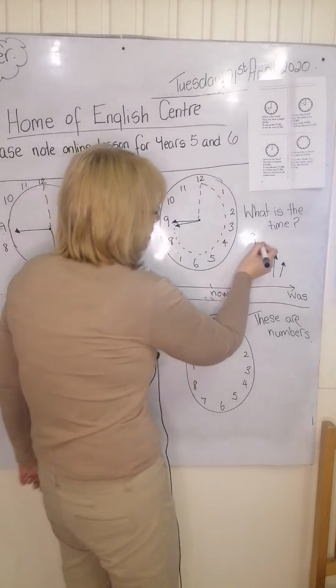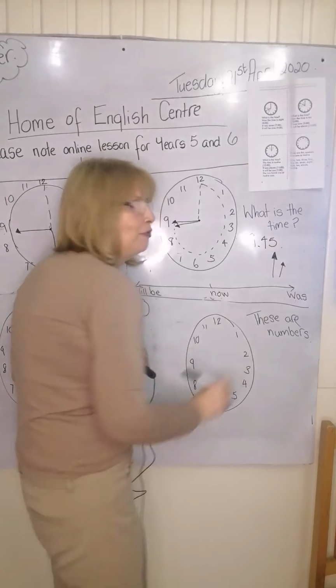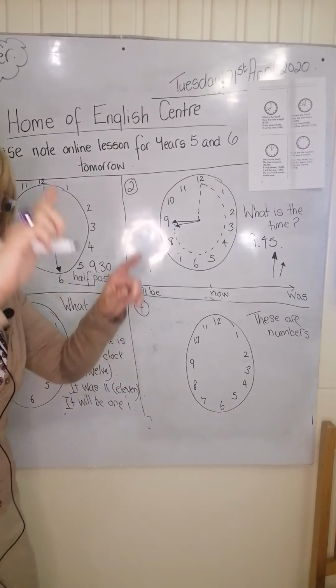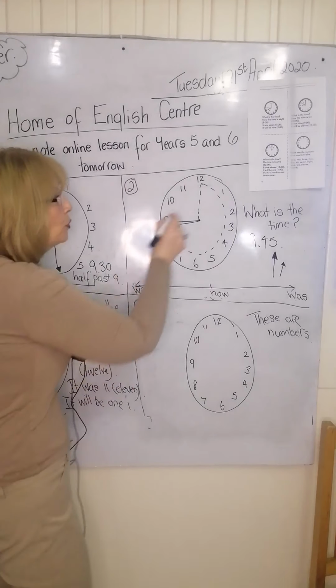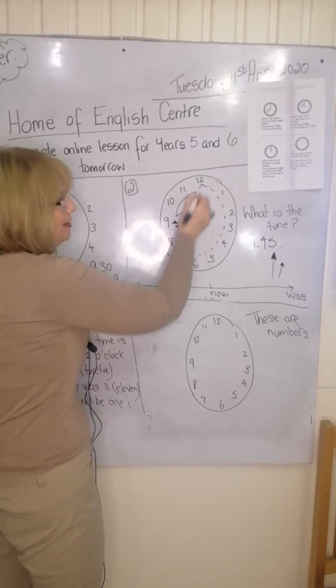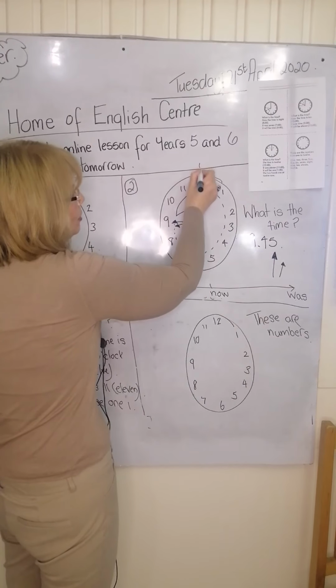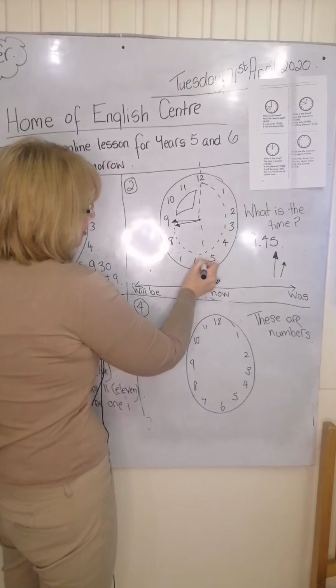So we can say it is 9:45. 45 because it has gone 3/4 of the way around. Here is a quarter that it hasn't passed. So what you're doing is you are dividing the clock up.